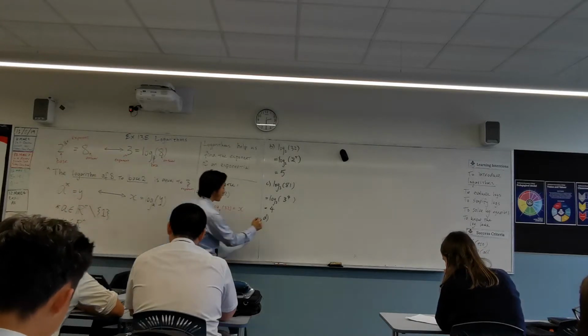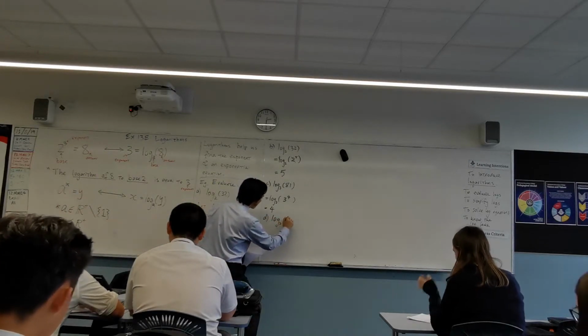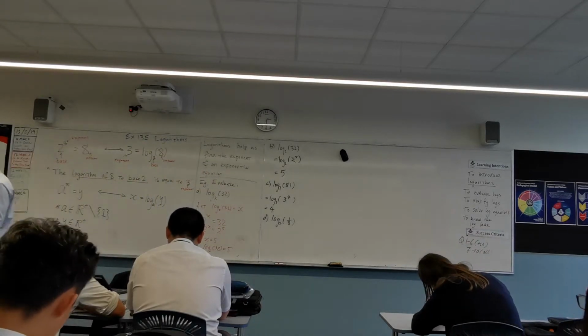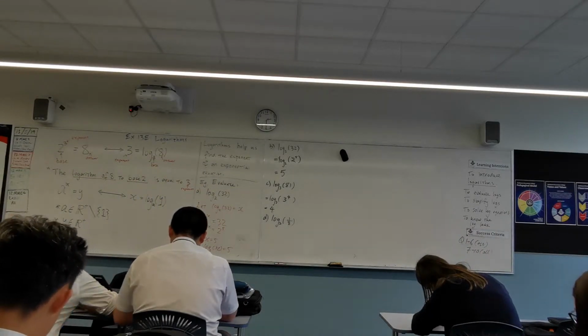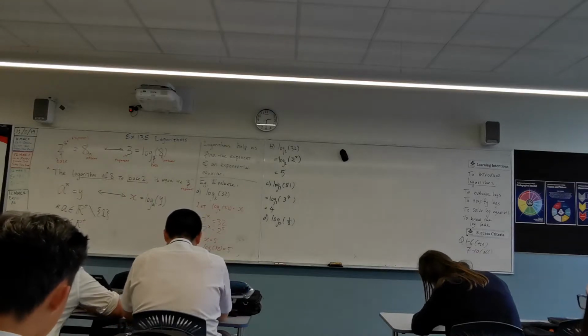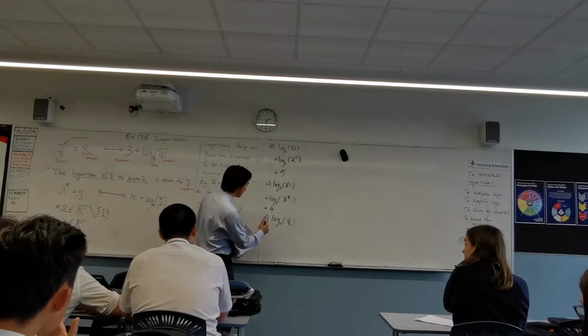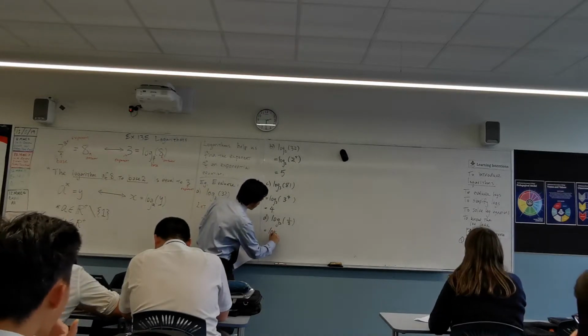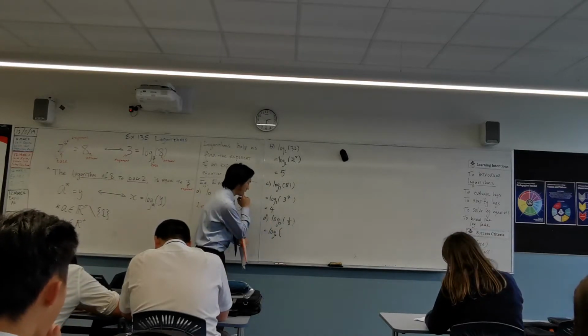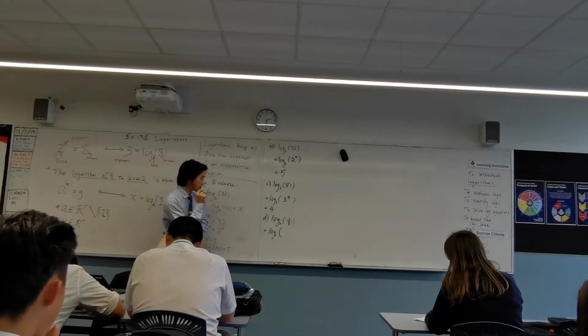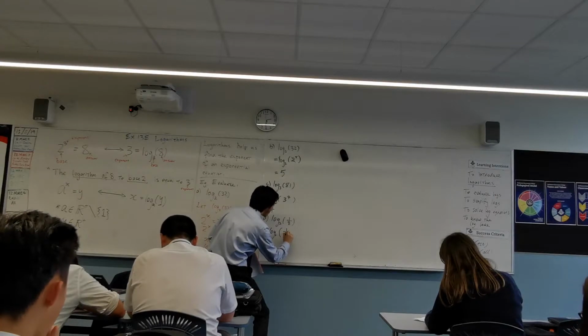Question D. Log base 2 of 1/8. We're going to use a similar method, and that is to change the 1/8 into a base of 2. So it'll be log base 2 of, I can change the 8 into a base of 2, which would be 2 to the power of 3.